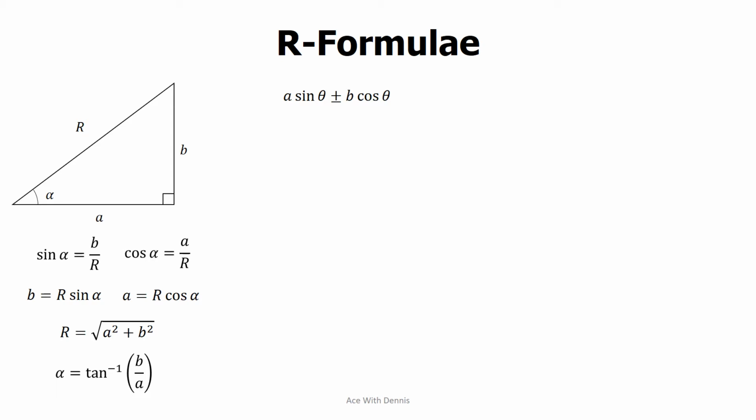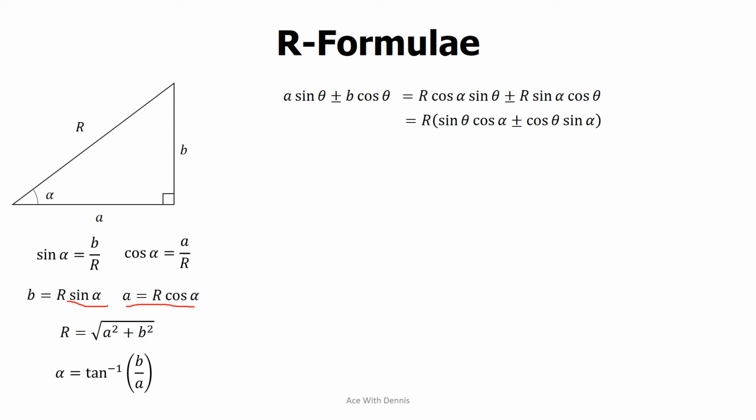Now let's look at this A sine theta plus minus B cosine theta. We can substitute the formulas here. A equals R cosine alpha, so A sine theta will be R cosine alpha sine theta. And B will be R sine alpha, so it will be R sine alpha cosine theta.